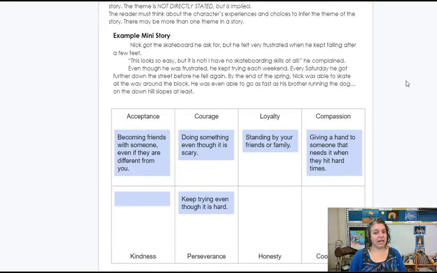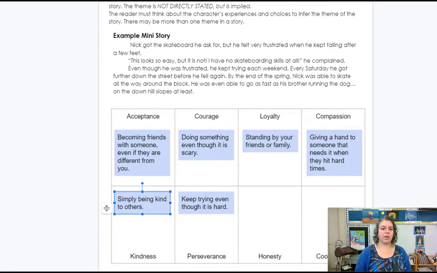Which then brings us to kindness, which can be very similar to compassion. When kindness is a theme, it's simply when people are being kind to someone else. It can go in with acceptance, it can go in with compassion or loyalty, but it's doing something that's kind even if there's other opportunities or reasons to do something else.